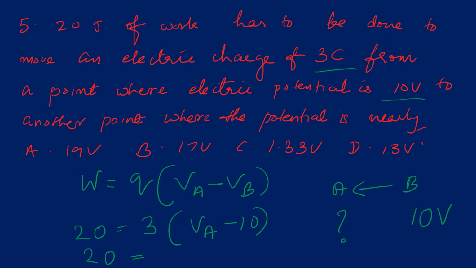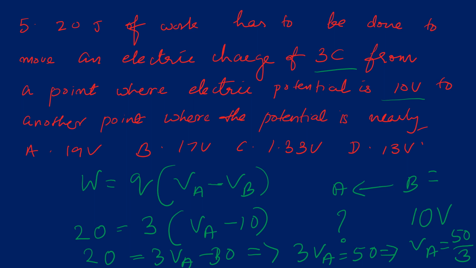That is VA equal to 50. That means VA equal to 50 divided by 3, that is equal to 17 volt. So correct option is option B.